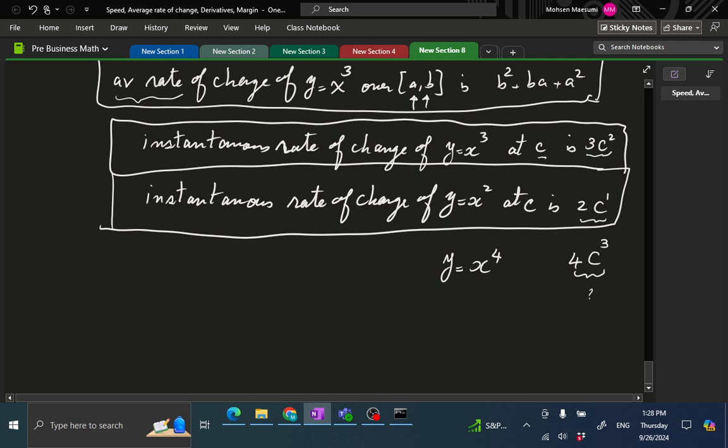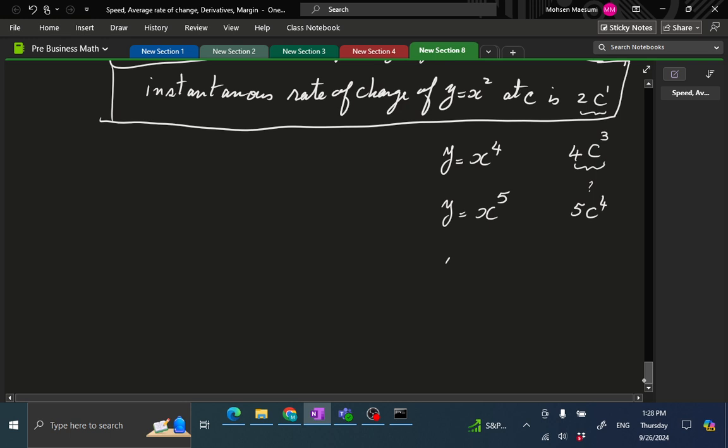In the same style, if I had x to the power of 5, this is going to be 5C to the power of 4. If I had x to the power of 6, this is going to be 6C to the power of 5, and so on.